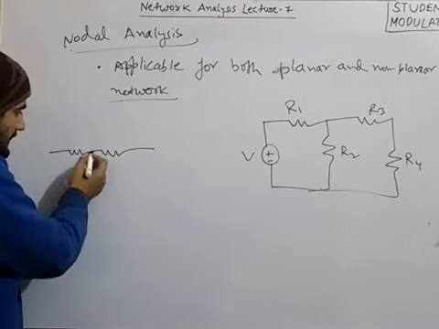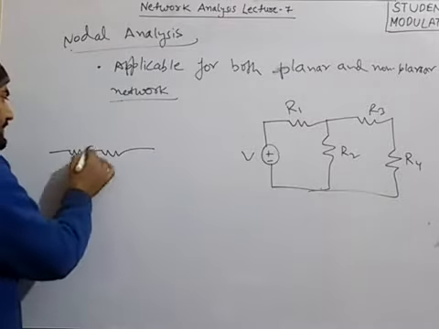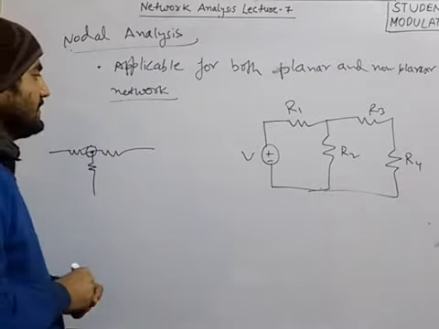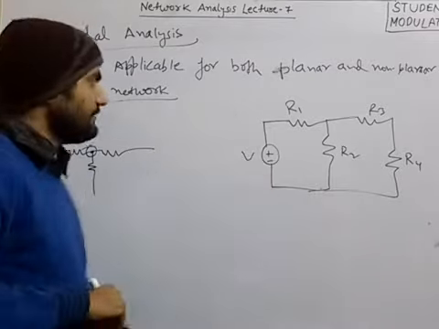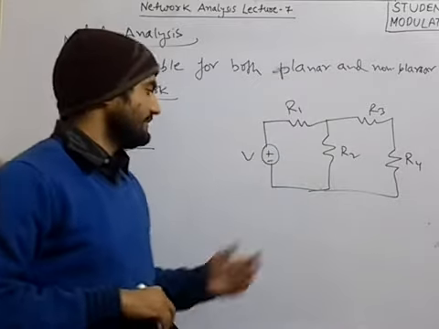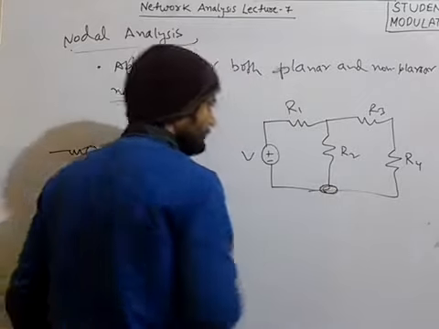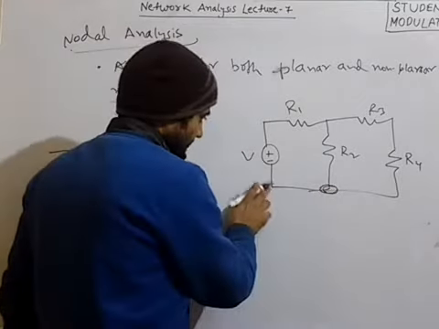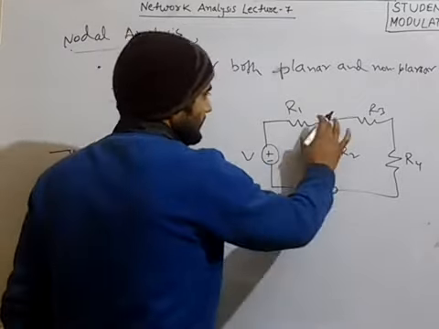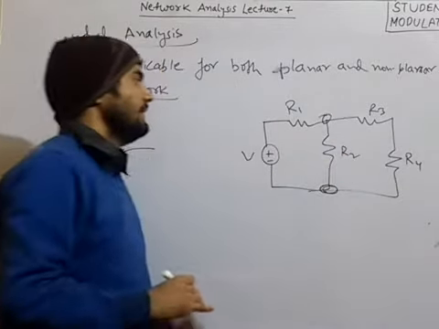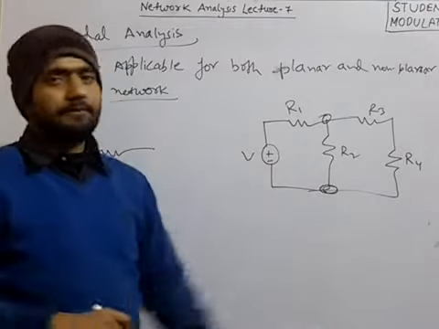If there is one more branch, then only we will consider it as a node. So for this given question, this can be a node because it has more than two branches. Here only two branches, here only two branches, so this can be another one. So these are the two nodes that we have found.